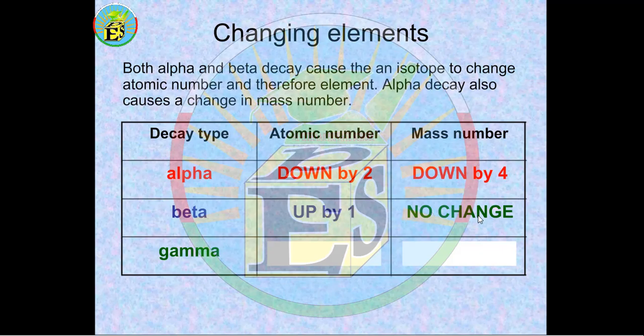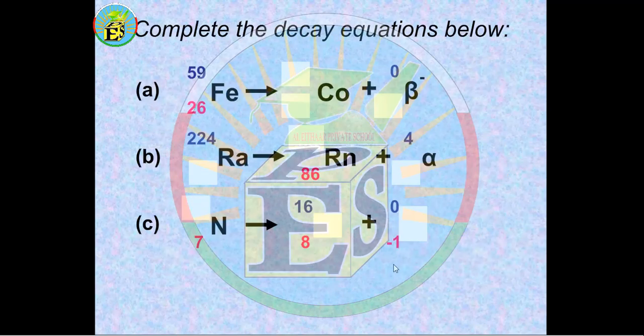Because a neutron changes to a proton and an electron, so we have lost 1 neutron and added 1 proton, so we will not have a change in mass number, but we have a change in atomic number, so we have a new element. Gamma ray, no change in atomic number or mass number.